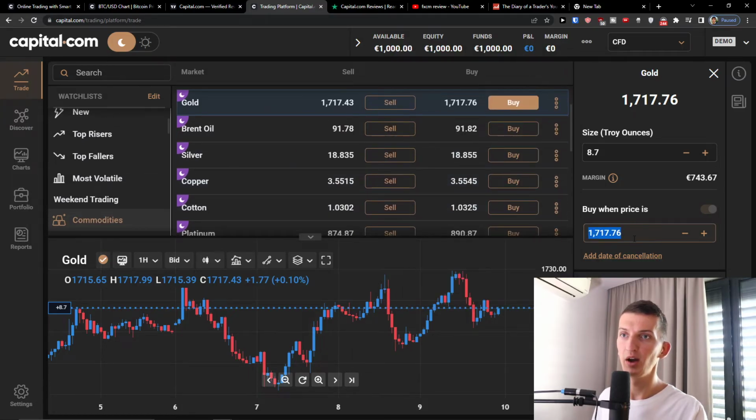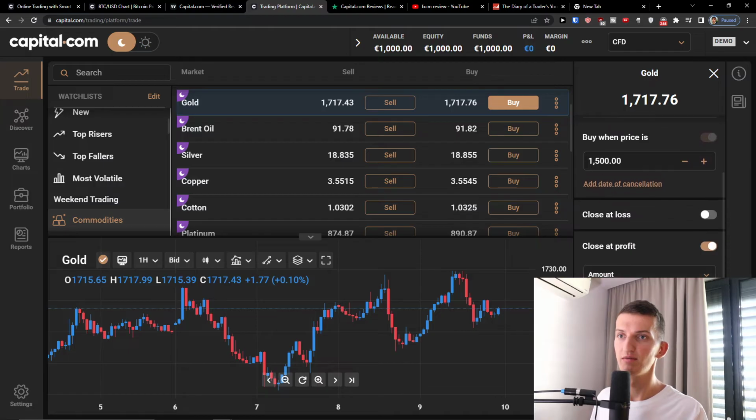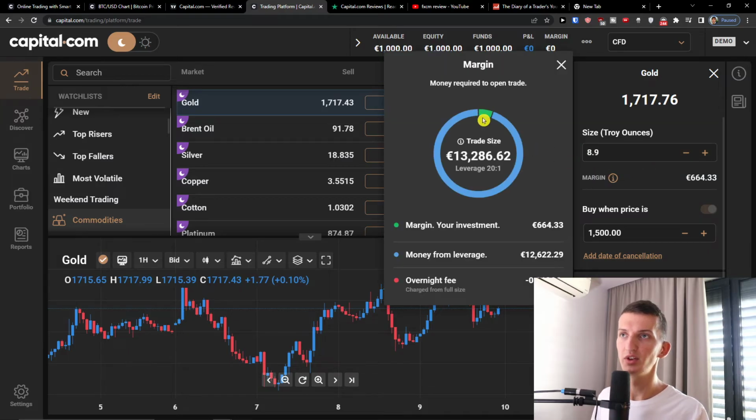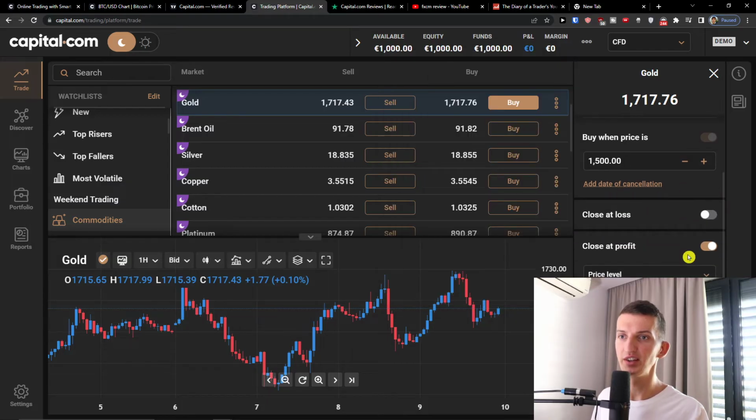And let's say I buy when the price is here, and close at profit, let's say at this price level. See, this will be my profit. And you see right here that you can always understand how it works, and you see the trade size.